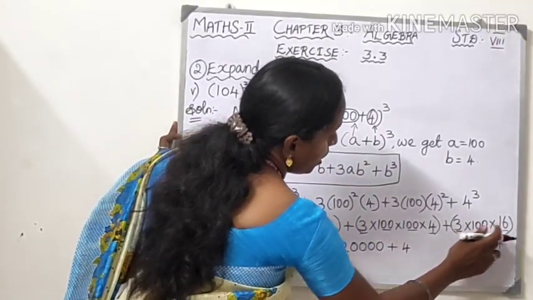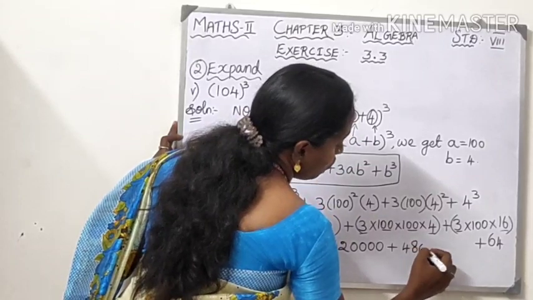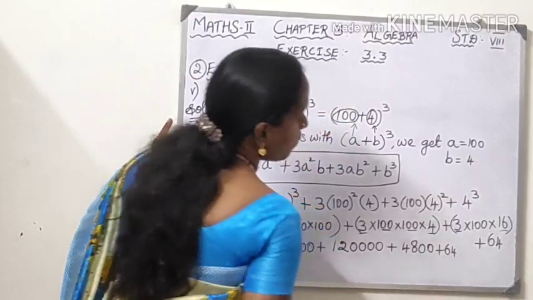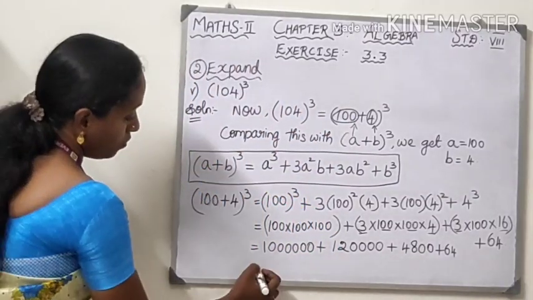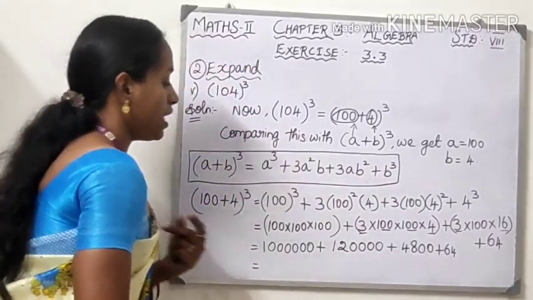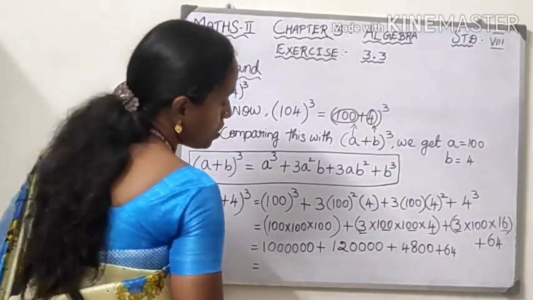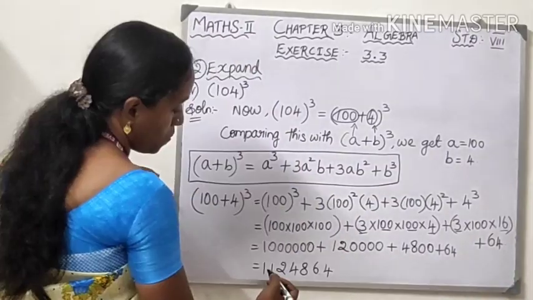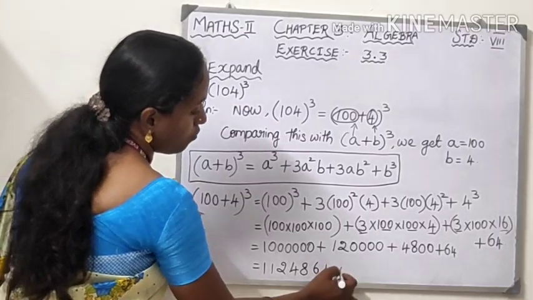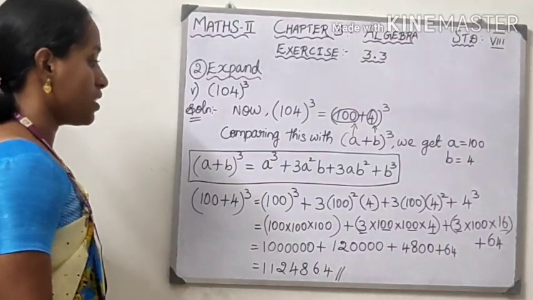So when you multiply all these numbers, you will get 4800, plus here we have 64. Now, we should add up all these values so that you will get the final answer. So, when you add up these values, you will get the value 11,24,864. This is your final answer.